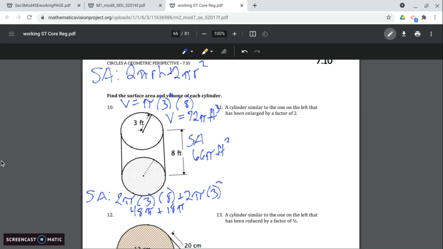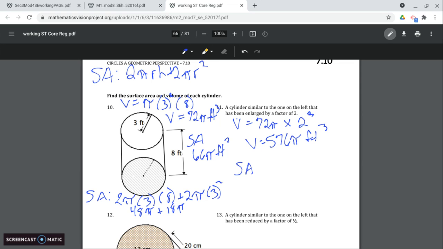Now, same thing as what we did on the last one. We're doing an enlargement of the cylinder. So we have a factor of 2. So for volume, we're going to take our 72 pi and we're going to multiply it by 2 cubed. So multiply it by 8. So 72 times 8 is going to give us 576. So the volume equals 576 pi feet cubed.